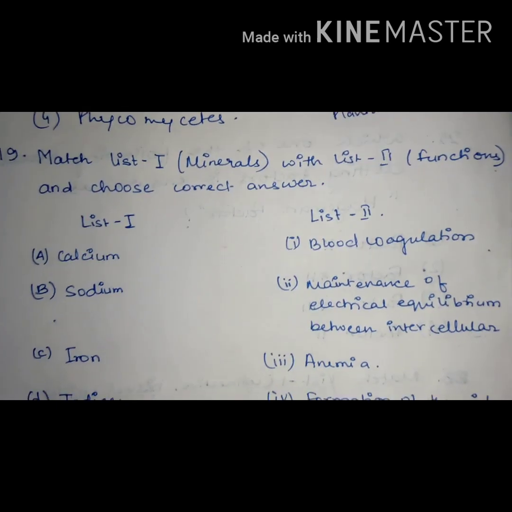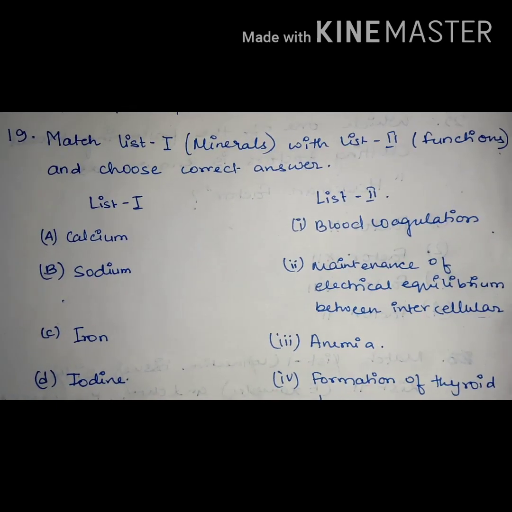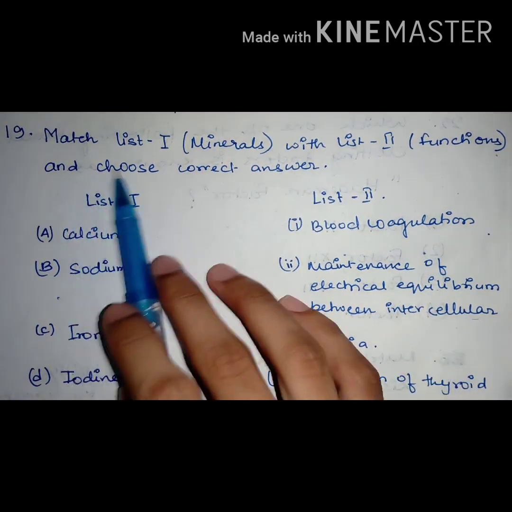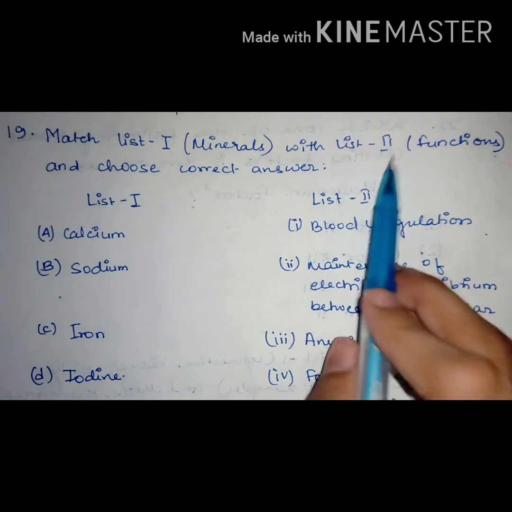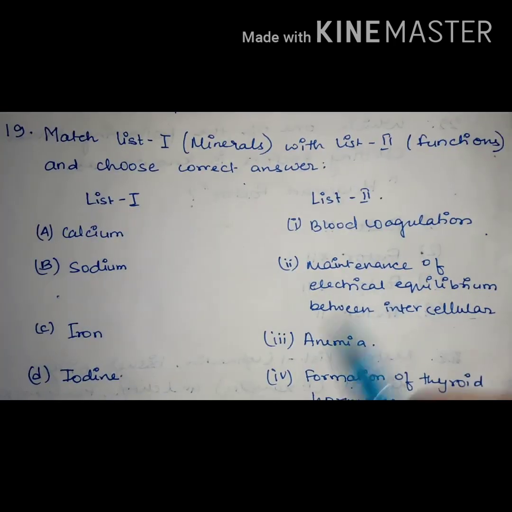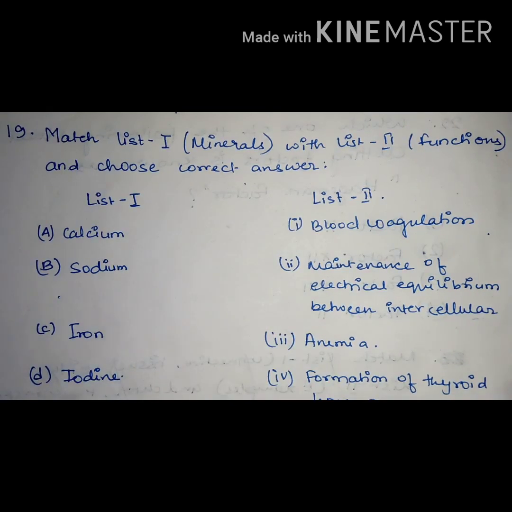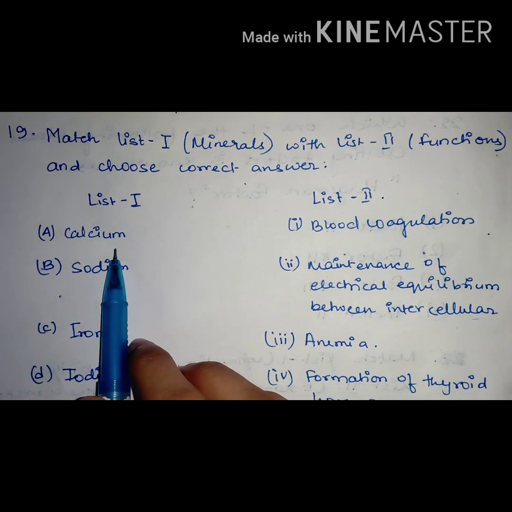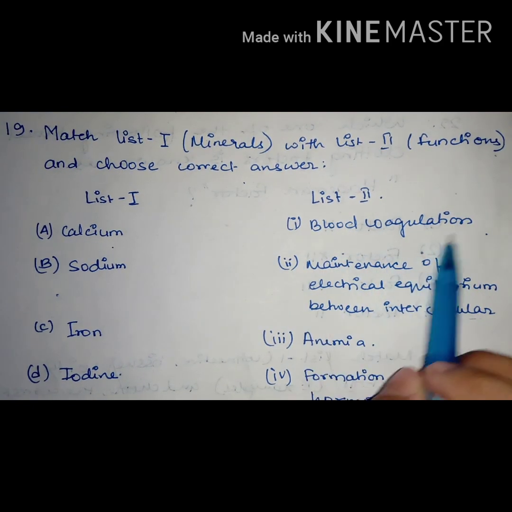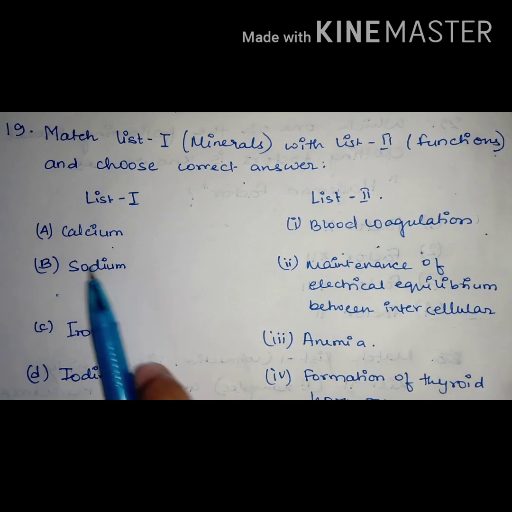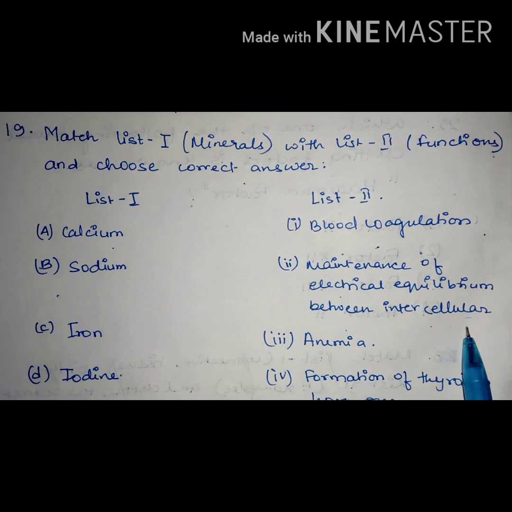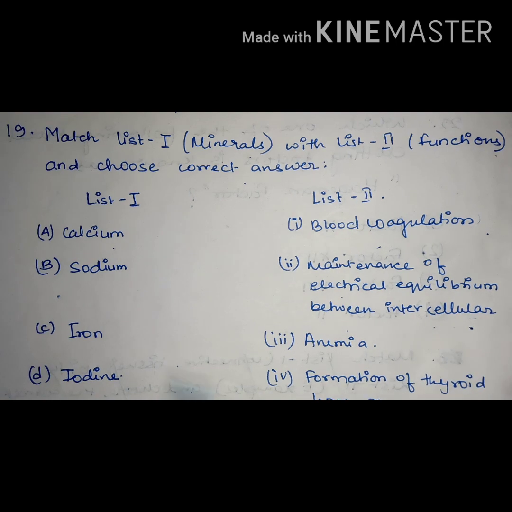Question number 19. There are 2 lists given here. Match list number 1, minerals, with list number 2, functions, and choose the correct answer. List number 1, calcium. Calcium maintains blood coagulation. Sodium maintains the electrical equilibrium between intercellular.